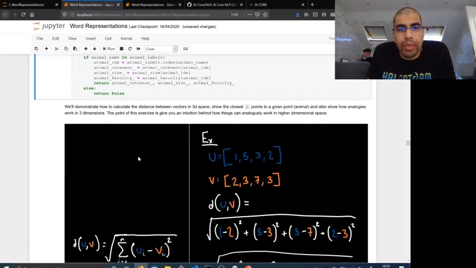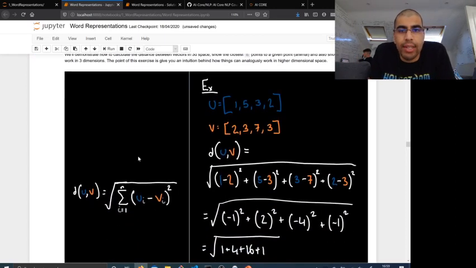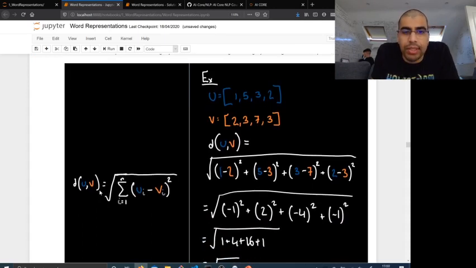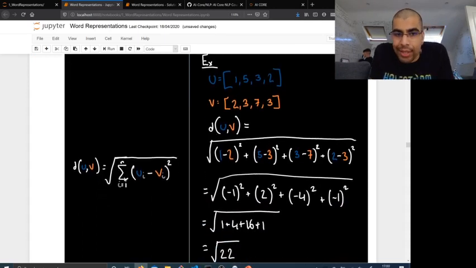And now we need to work out the distance between vectors in 3D space. So we have our generalized distance formula for n dimensions, and n is the number of dimensions that we have. This is the Euclidean distance: the sum over all of the differences between the two vectors squared, and the square root of all of that.